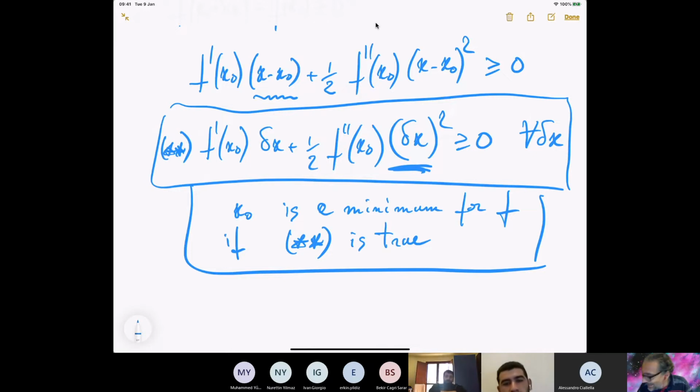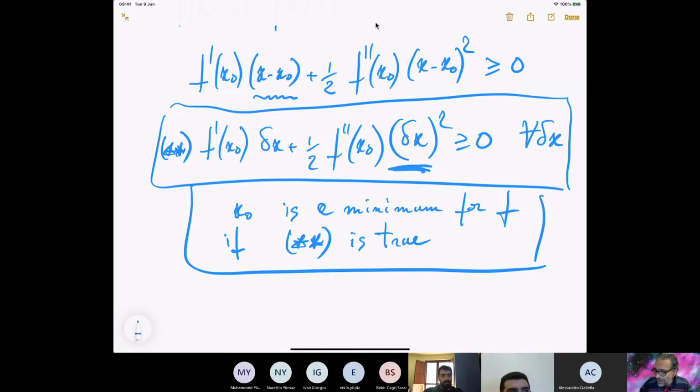So you understand that this virtual variation, imaginary variation from the minimum, is necessary for testing the property of minimality of your x0. So this double star tells you to change a little bit, by the quantity delta x, the candidate minimum x0. Okay.